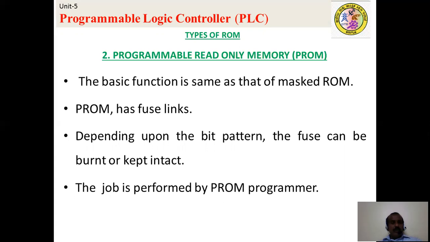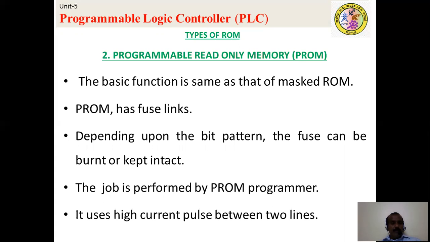So the job of burning or writing or storing the data or the program is done by a PROM programmer. It uses high current pulses between the two lines either to burn the fuse or retain the fuse.